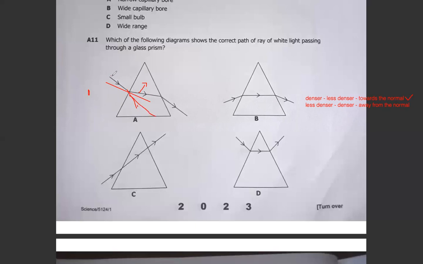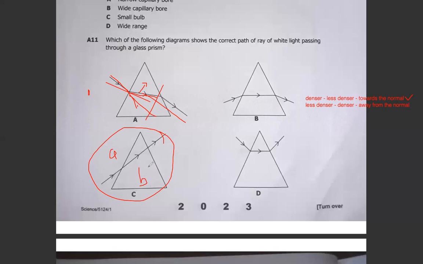Because this is just more or less like bouncing back from the normal, this only happens when the two media, A and B, are of the same density.